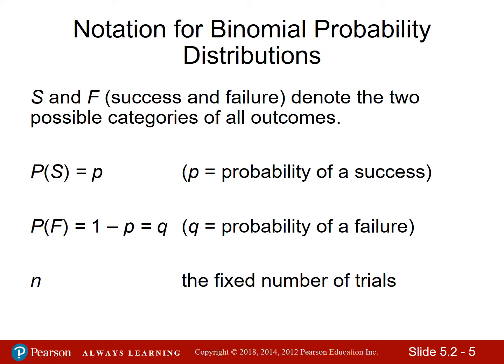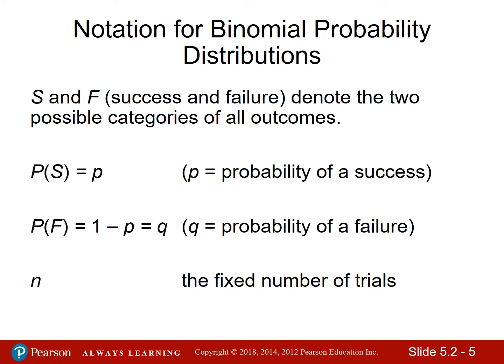Another way is to use p, but this time it would be 1 minus p, like a complement. So P of S is equal to p, and P of F will be 1 minus p, or equal to q. It's better to get used to q also because in the formula we are going to use q, not just p.